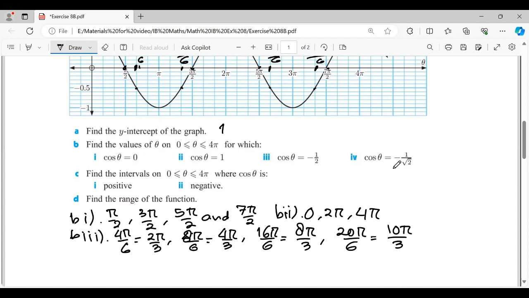Part 4: if cosine theta equals negative 1 over square root 2.